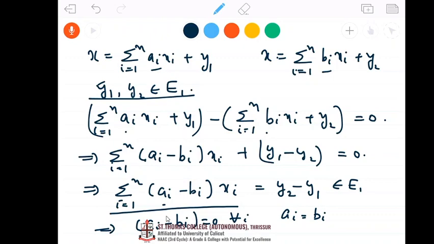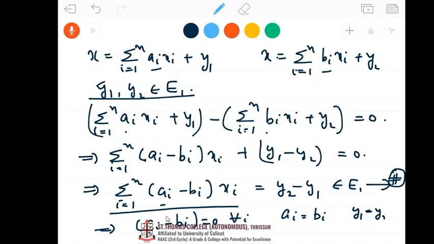If ai minus bi equal to 0 for all i, look at this equality. The left hand side of this equality will be 0. Means y2 minus y1 is equal to 0. If y2 minus y1 is equal to 0, then y1 equal to y2.